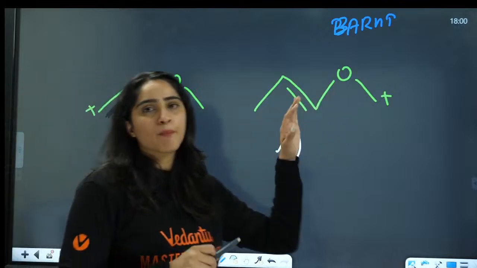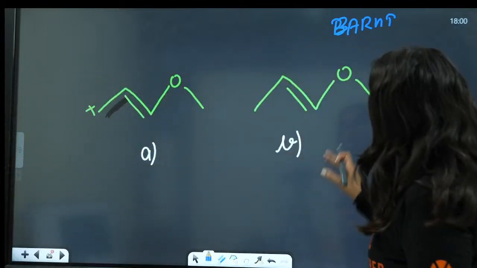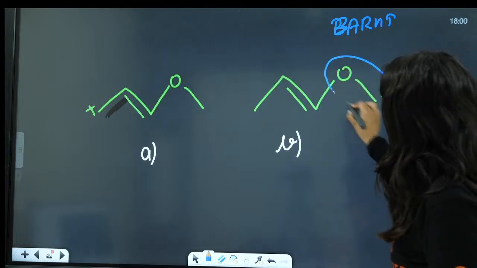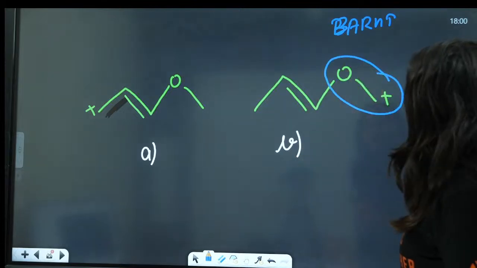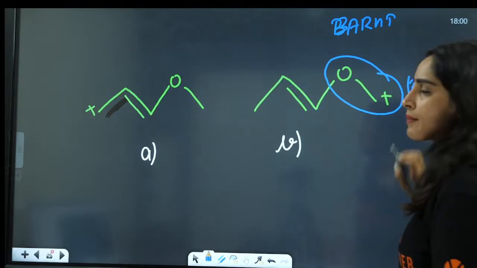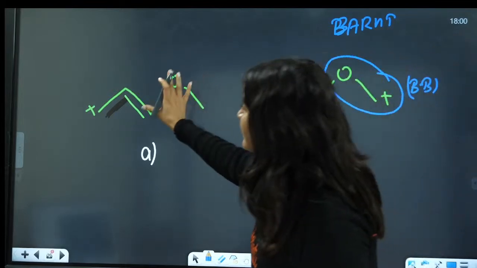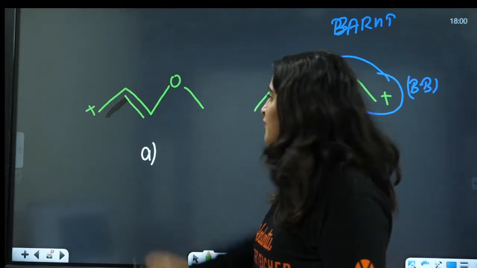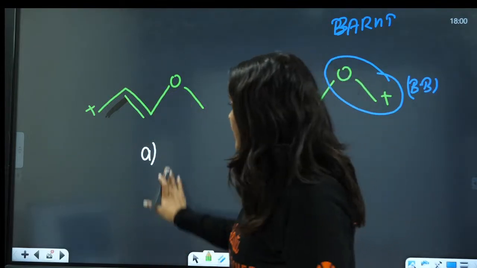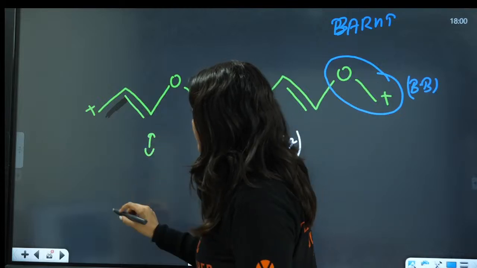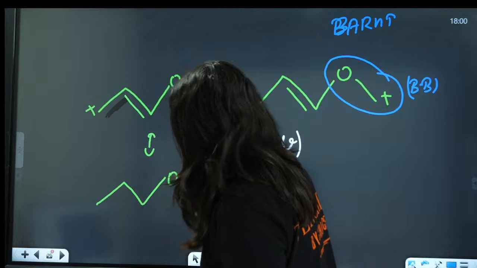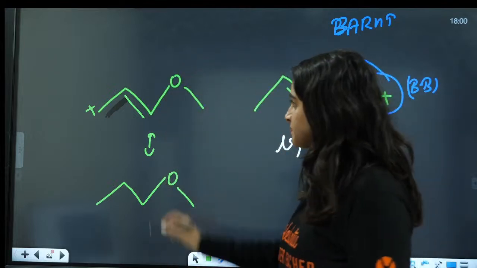In B, we can see the back bonding directly because this oxygen is attached to this vacant p orbital. So back bonding is present here. But in A, we can see it if we draw the resonating structure.